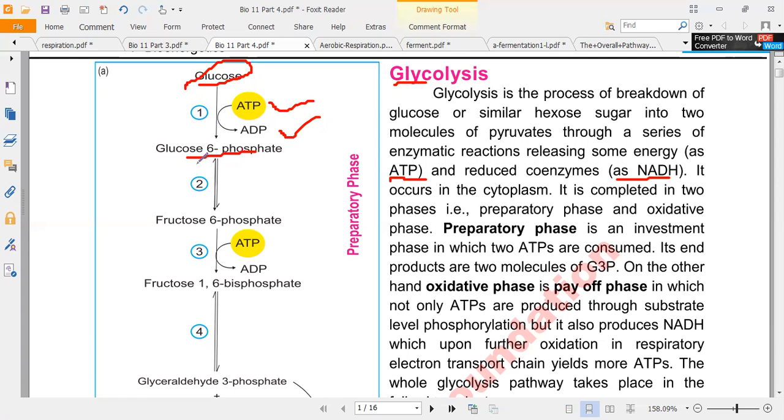Then we'll get fructose 6 phosphate by an isomerization reaction. So we have the first phosphorylation reaction, then isomerization.